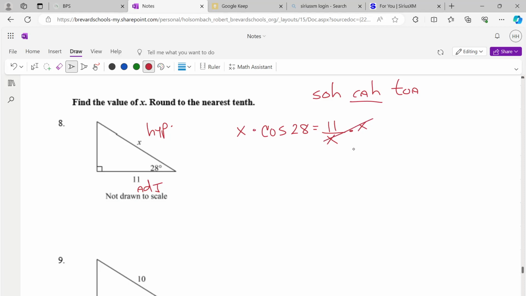The x's on the right cancel. X times cosine 28 is equal to 11. We can divide both sides by cosine 28. So the cosine 28s will cancel, and our x equals 11 divided by cosine 28, which equals 12.5.